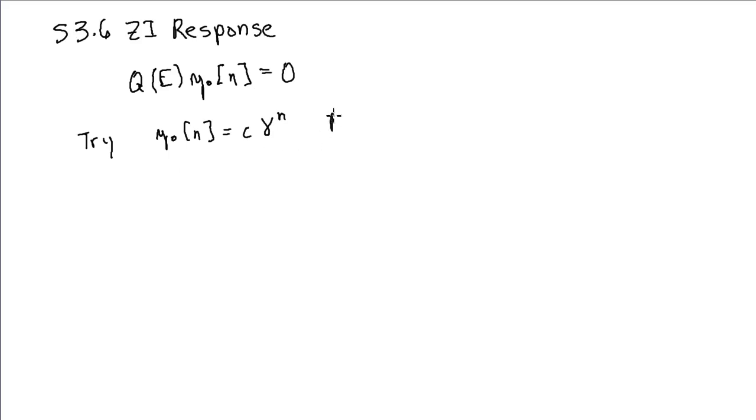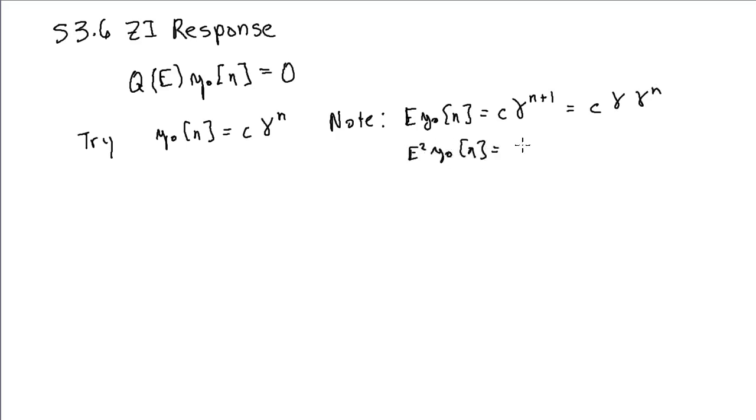Just note here then that E y0 of n, which is y0 of n plus 1, then just becomes c gamma to the n plus 1, which I can write as c gamma times gamma to the n, and similarly E squared y0 of n, go through these steps, I can write as c gamma squared times gamma to the n.